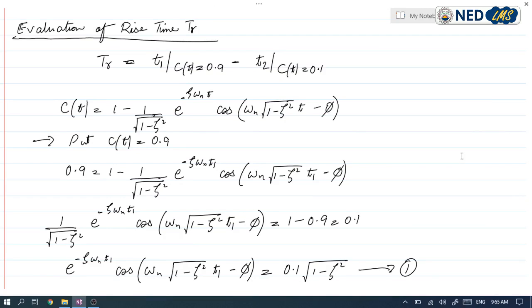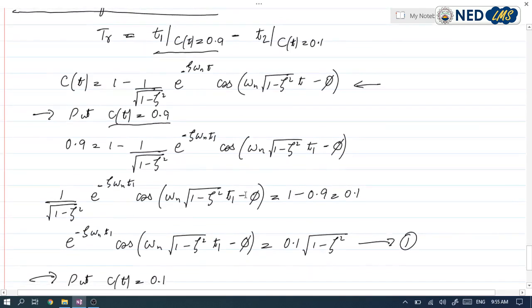To evaluate the rise time, we subtract the time when the output is 0.1 from the time when the output is 0.9. This is our general second order equation step response, and here we put c of t equal to 0.9 to get this term here.